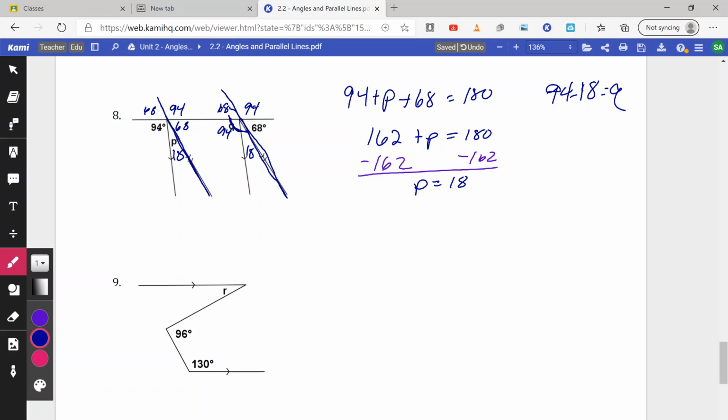So when I do that, 94 minus 18 is 76, which is equal to angle Q.